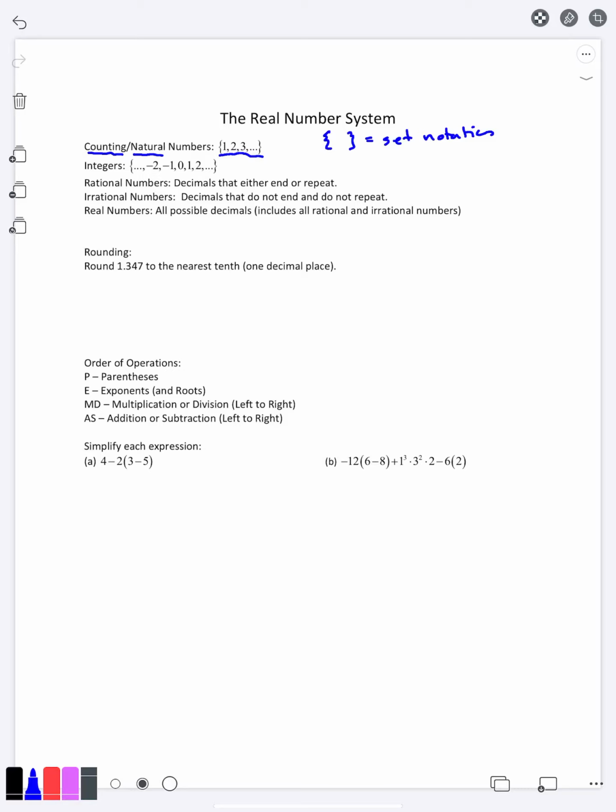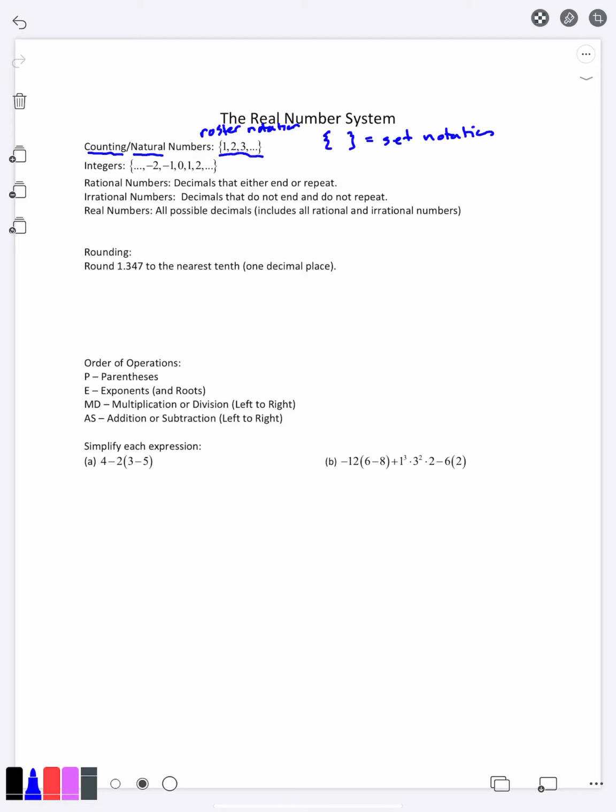There are a few different ways that we could use them. This first one, where I just list the individual numbers inside of it with ..., that's called roster notation, as in you are listing the roster of the people in the set. So if I were to write out all of your names in the class and put curly brackets around it, that would be the roster notation for this class.